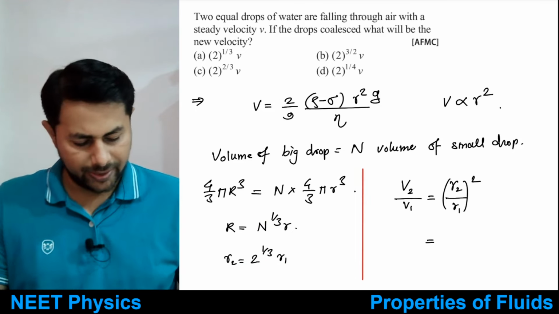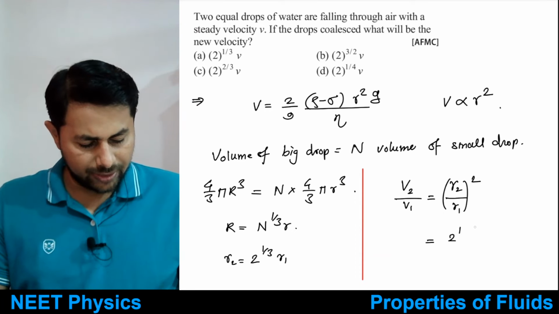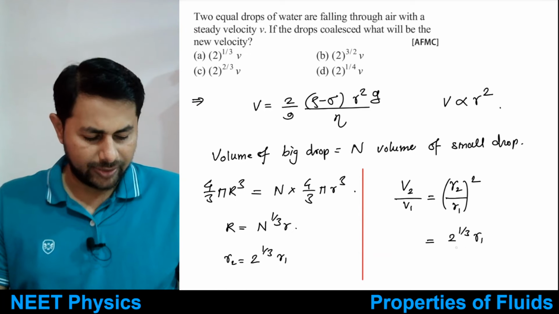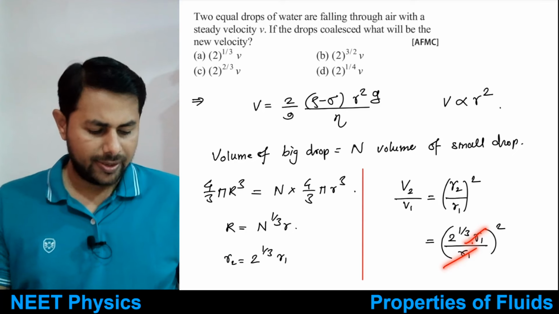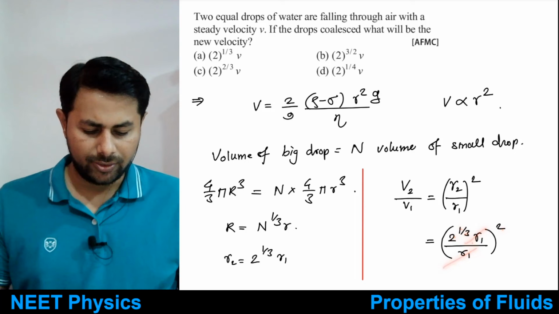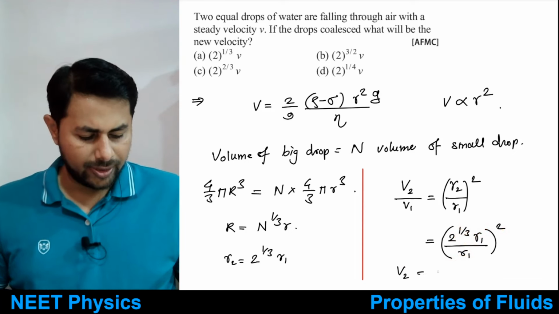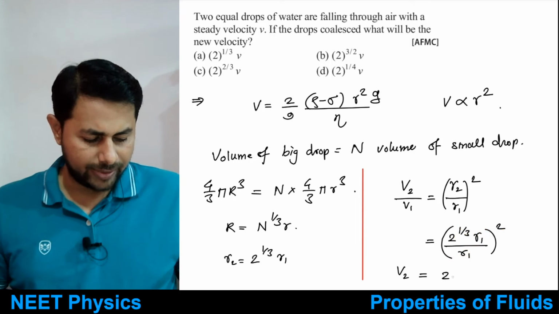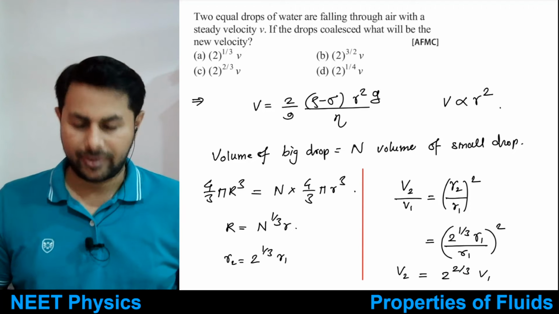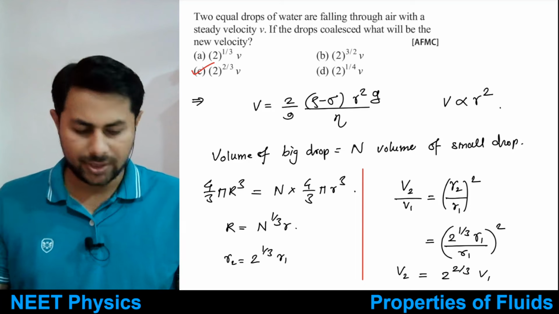So we get 2 raised to 1 by 3 times R1 divided by R1, all square. R1 gets cancelled. So you have 2 raised to 1 by 3 square, that means 2 raised to 2 by 3. That's the answer. So V2 would be equal to 2 raised to 2 by 3 times V1. So it's option C. This is clear.